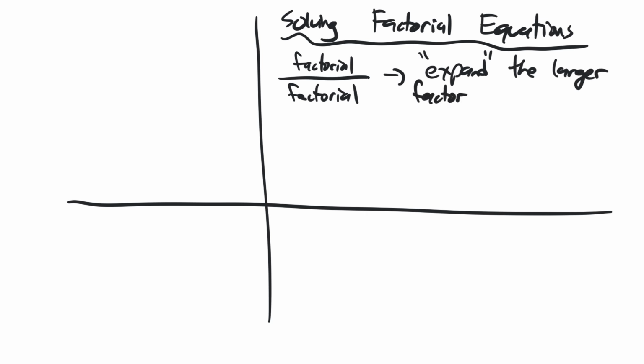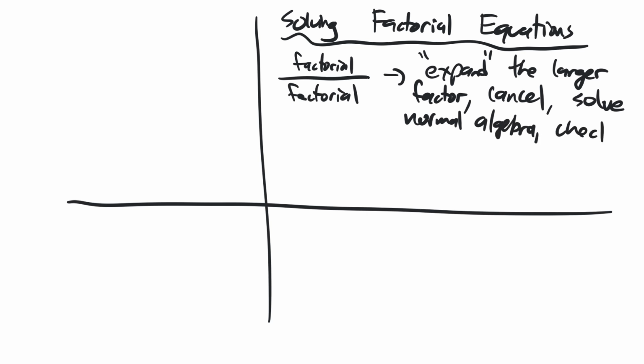I use expand in air quotes here. And then you're going to cancel. And then you're going to solve with normal algebra. And then you're going to check your answer.